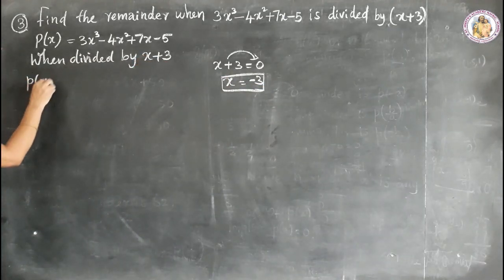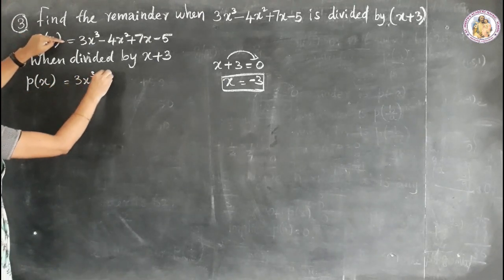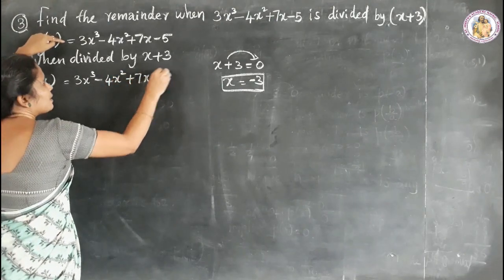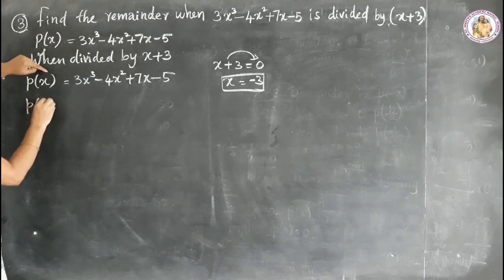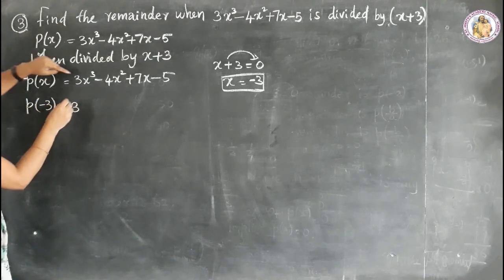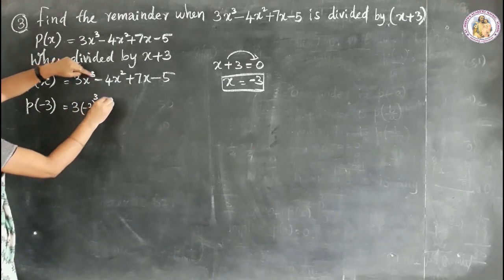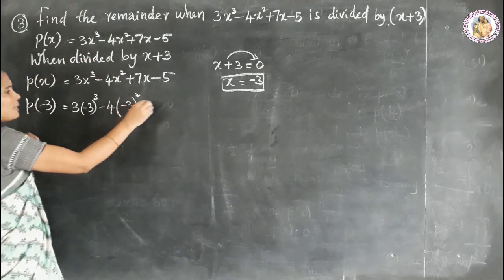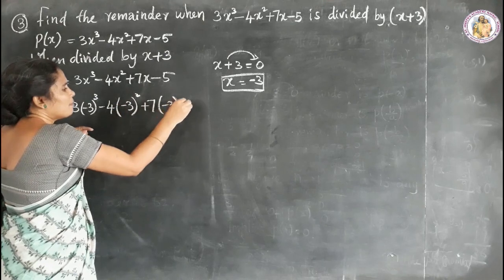So P of x is equal to 3x cube minus 4x square plus 7x minus 5. Now P of minus 3 is equal to 3, in the place of x apply minus 3 cube, minus 4 into minus 3 square, plus 7, in the place of x apply minus 3, minus 5.